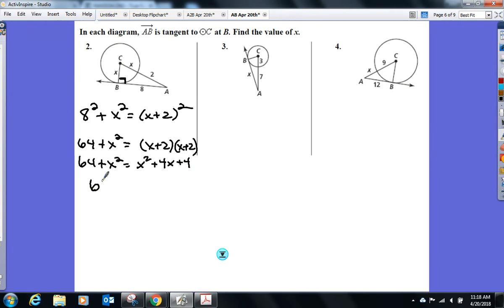So you're left with 64 equals 4x plus 4. I'm hoping now you can solve that. Get the x by itself. You get x equals 15, yep.